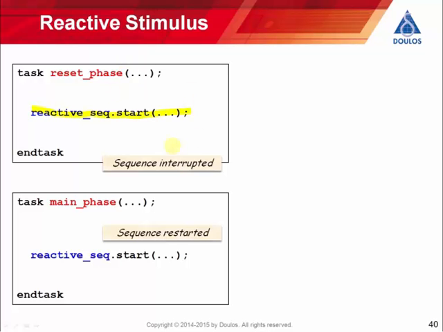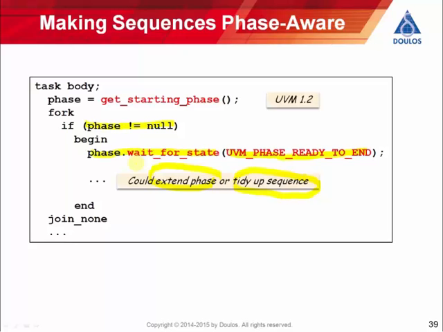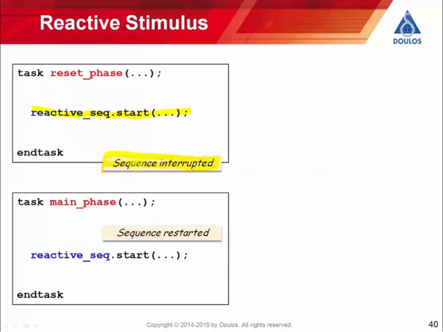Then when we'd reach the end of the reset phase, of course this sequence would get interrupted, and we'd have to do something like we saw in the previous slide in order to recover when the sequence got interrupted. Then we'd go into the next runtime phase and we'd have to detect that and restart this sequence. Well, that all sounds very clunky and error-prone, and it's probably best just not to do that.